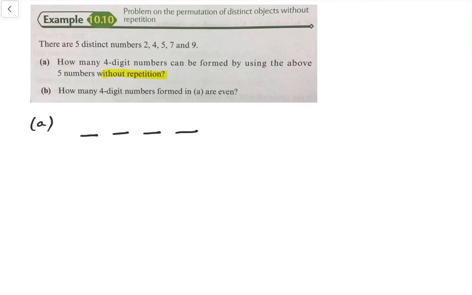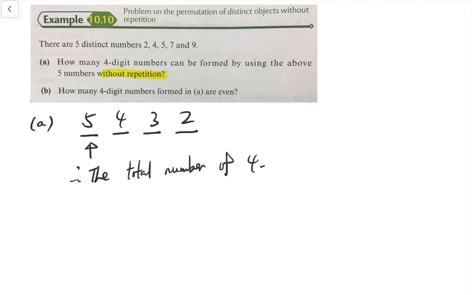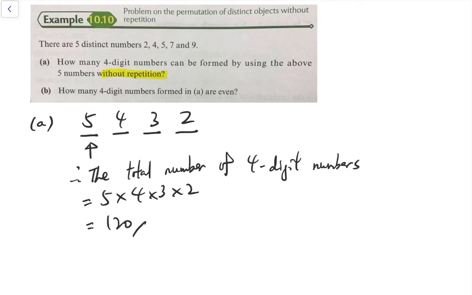How many choices can be made for the first one? 5, and then 4, 3, 2, because you are not allowed to make repeated numbers. Finally we multiply these 4 numbers: 5, 4, 3, 2, and you will get 120.